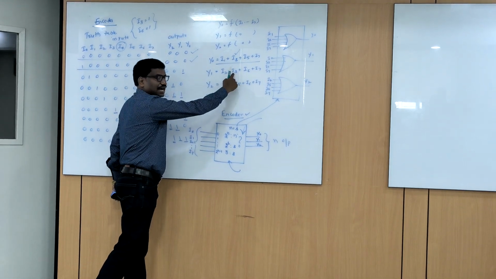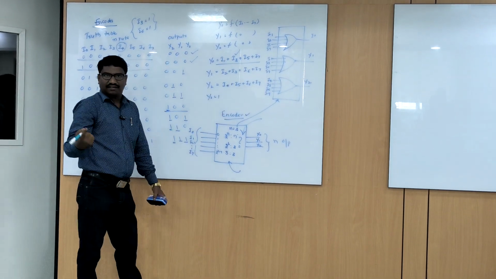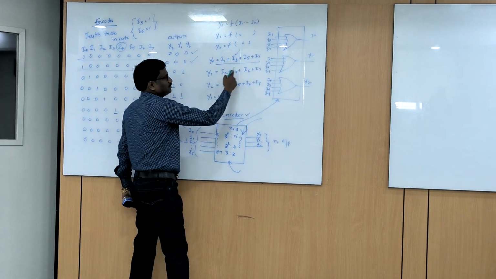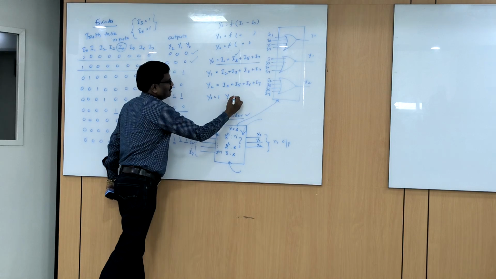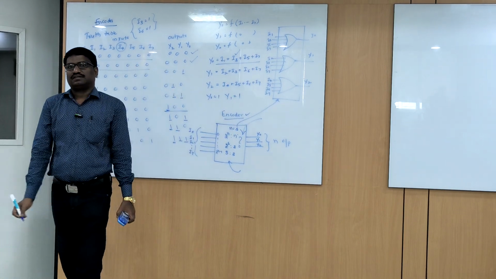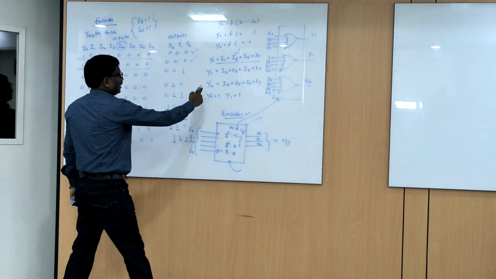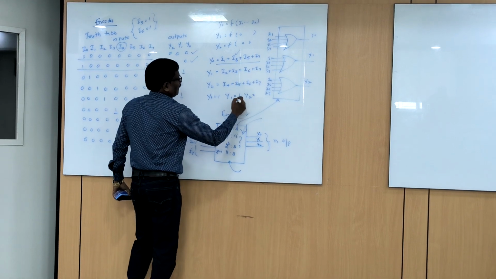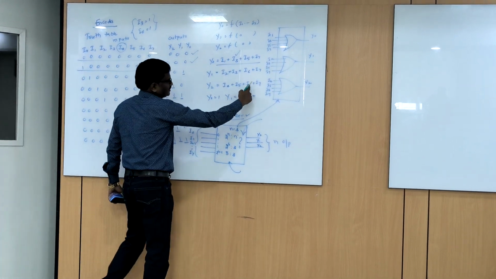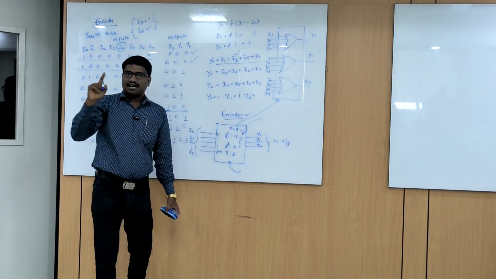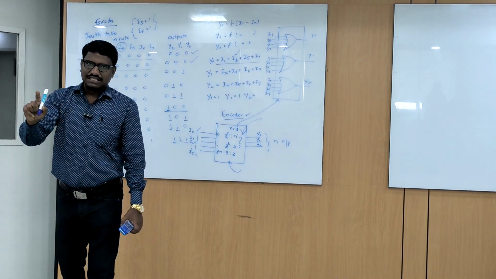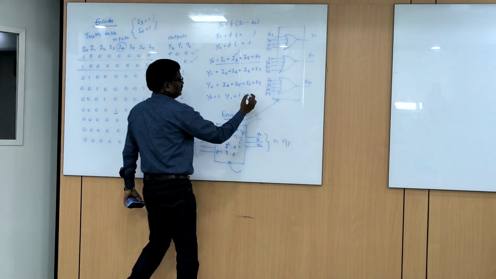I3 is there, I6 is there, ORing, 1 only. Doesn't matter whether I2 or I7 are 1 or 0, Y1 is also 1. What is the Y2 value? I6 is 1, doesn't matter what the other values are. If 1 is ORed with something, I get 1 as output. So Y2 is 1.